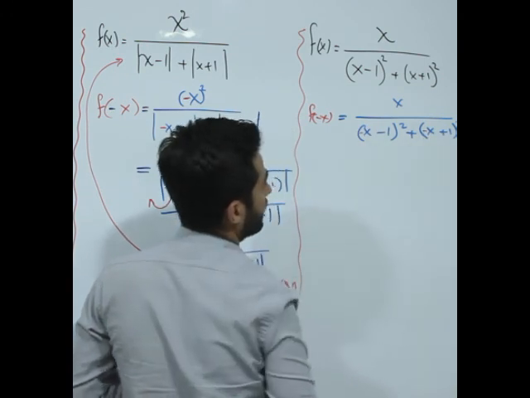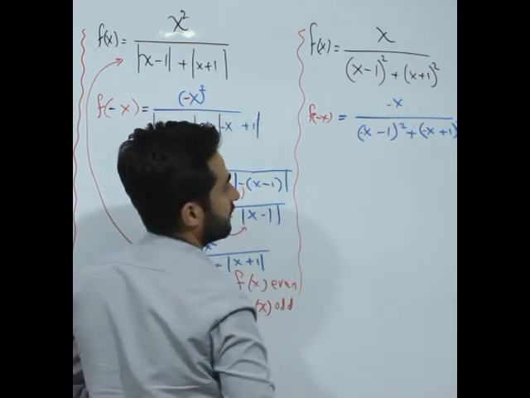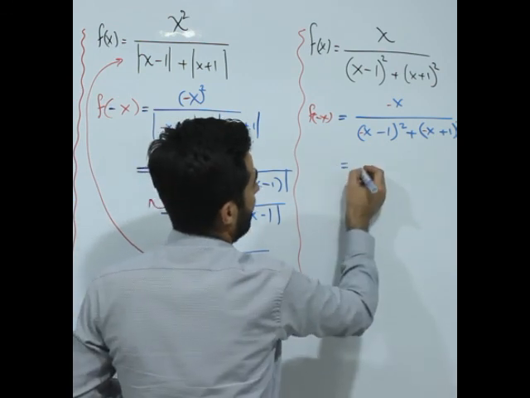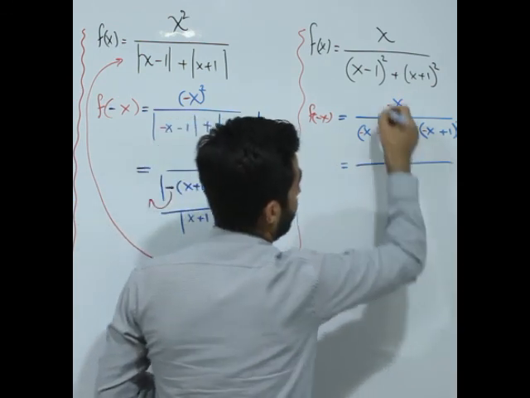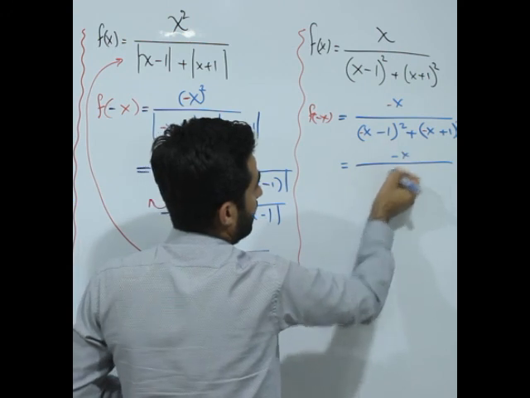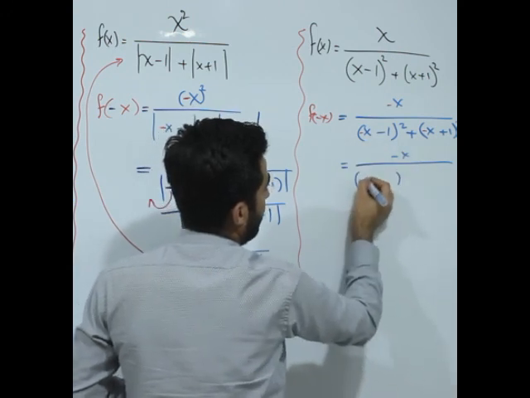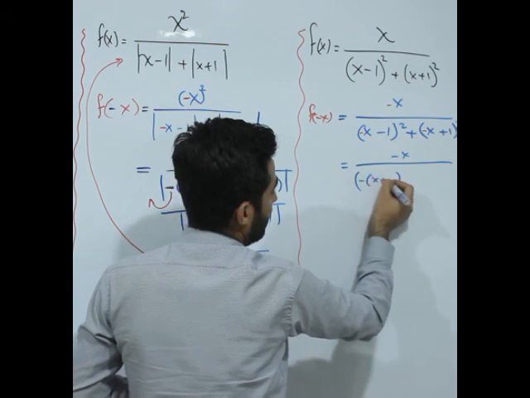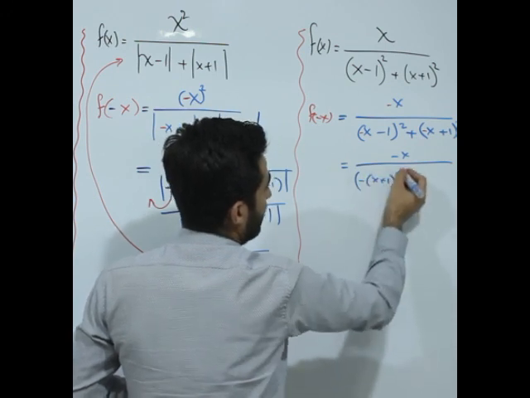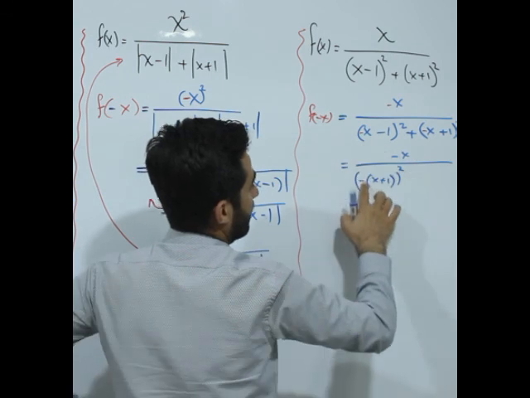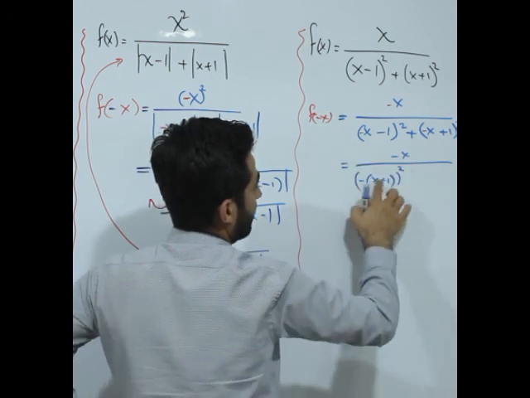Put a minus here, and a minus here. Give minus to all the x's. Negative x becomes again negative x. And this one, you can take a minus as a common factor. Minus x plus 1 becomes, because power 2, minus divided by minus plus.